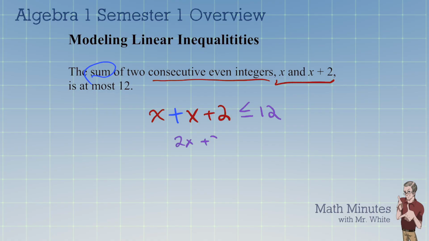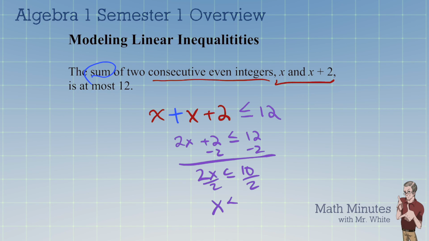2x plus 2 is always less than or equal to 12. We subtract 2 on both sides. 2x less than or equal to 10. We divide by 2. We get x is less than or equal to 5. So what does that mean? This means that x could be 5 or under, but remember, the x's are even numbers. So x could be 4, 2, 0.